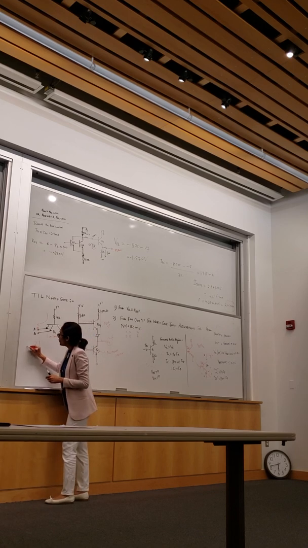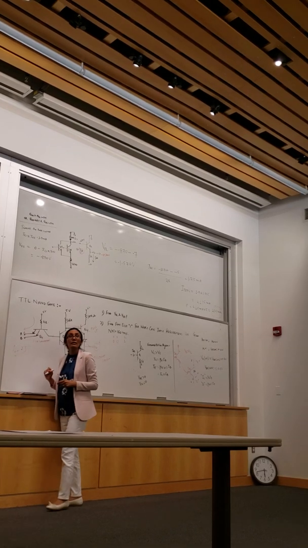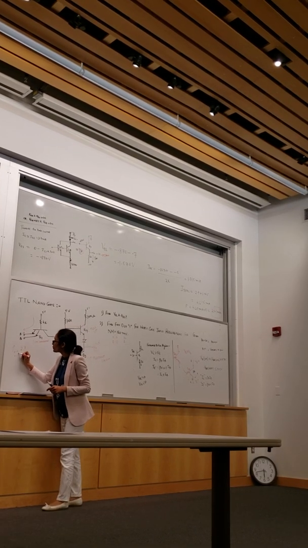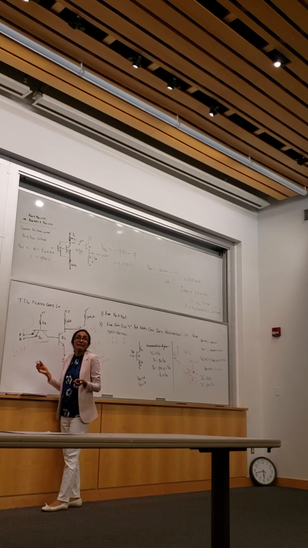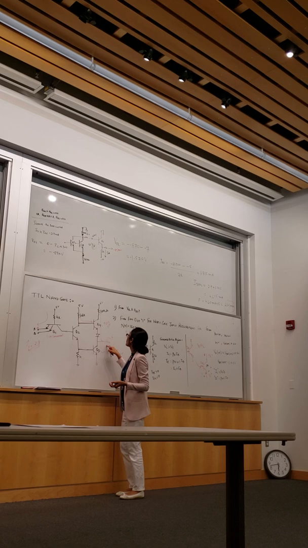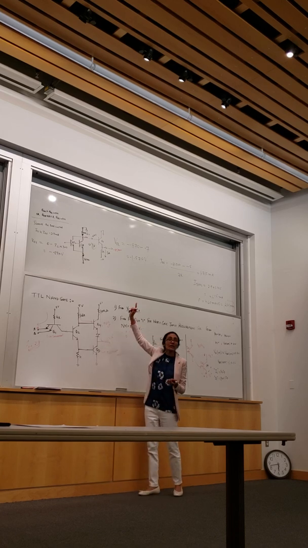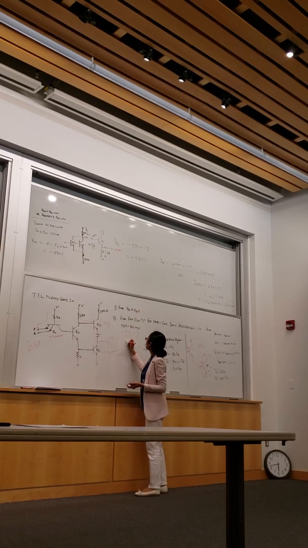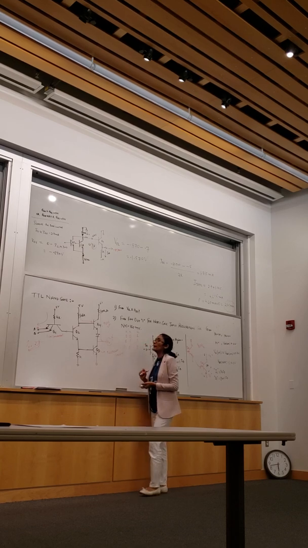So if you pull this up, this is reverse biased, open, then all of the current will flow through this direction, right? Still, right? So this transistor is off, and voltage V0 is gonna be pulled up to the logic high. So when either one of the inputs is 0, your logic is high.